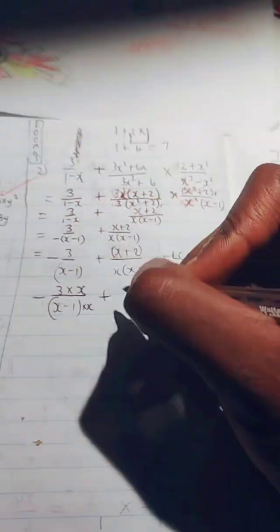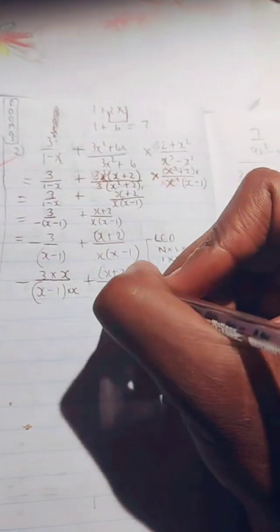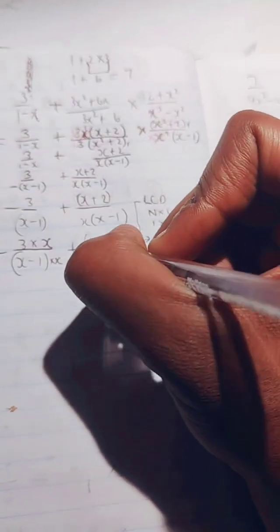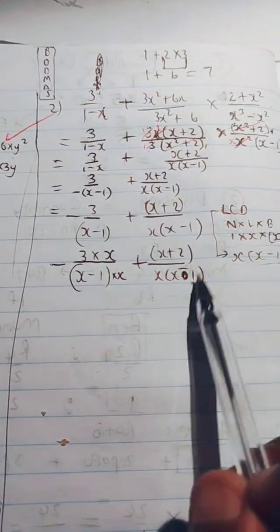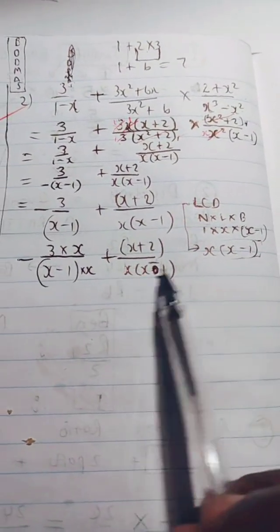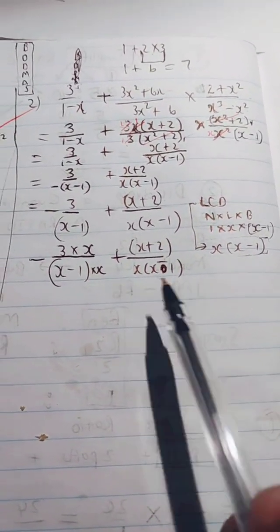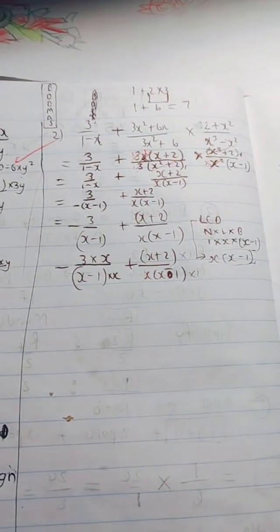Plus, brackets, we have x plus 2 over, look at the denominator, it's x into x minus 1. Is there anything missing according to this LCD? No. So that simply means we multiply by 1 and we multiply by 1 at the top.